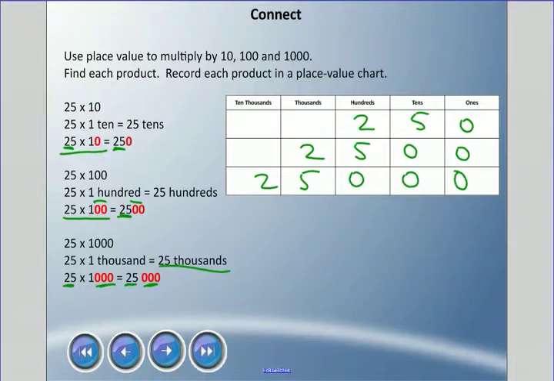Are you observing a pattern here? It seems to me that I always keep the number I'm multiplying, but I add the number of zeros that were in the number. Like the 10, there's one zero, so I add this one zero right here. With the 100, I add these two zeros, and with the thousands, I add these three zeros. There's a pattern going here.